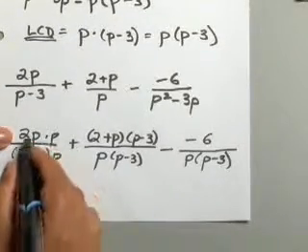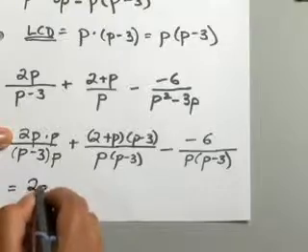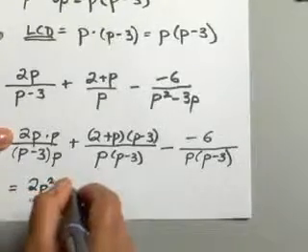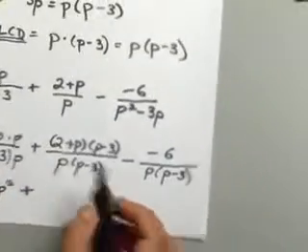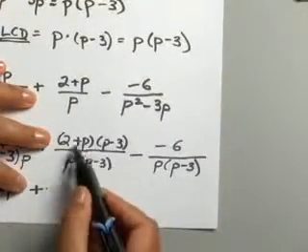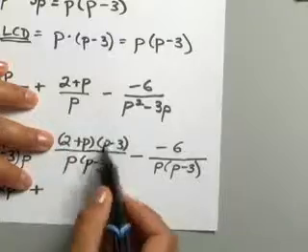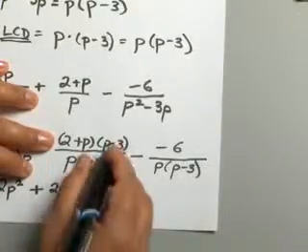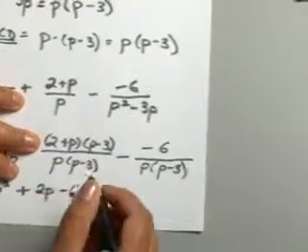So this will give me 2p squared for the first one. Okay. For our second one, you will have to FOIL these two. So you'll take 2 times p, and then 2 times negative 3 will be negative 6.